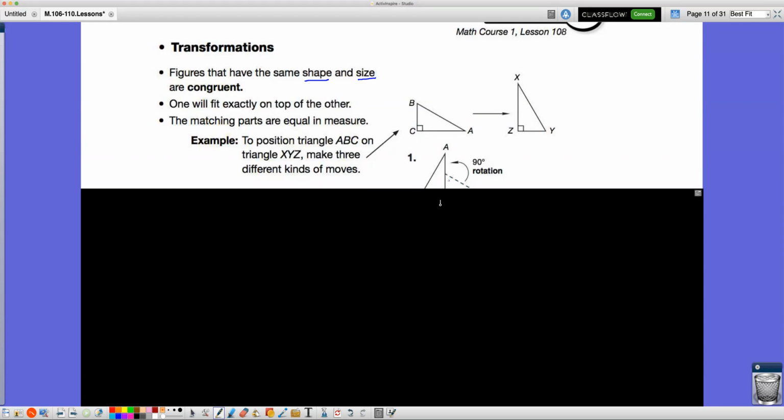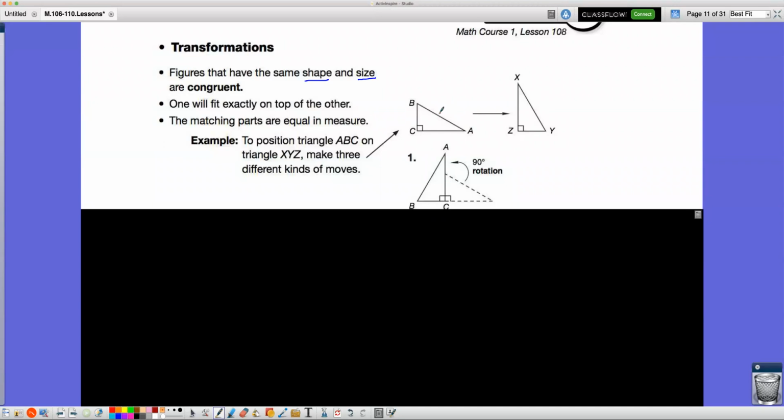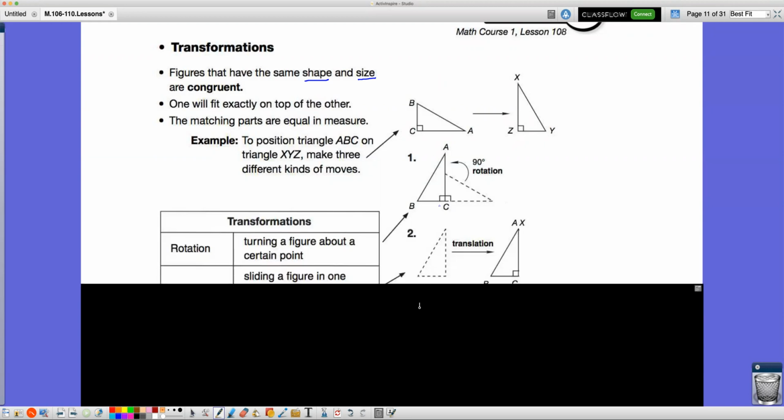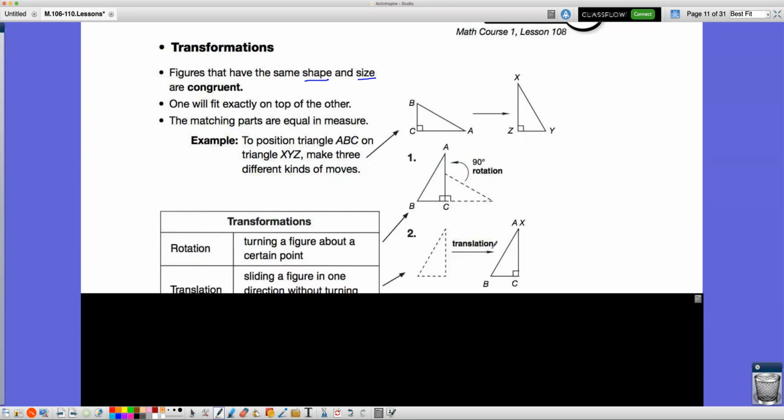So number one, the first step is you would have to rotate this shape, and that's one of the transformations that would be taking place, a rotation. Step two would be to translate it, which means to slide it. Once you've rotated it, standing up on its edge, we would slide it over to make it closer to this position.